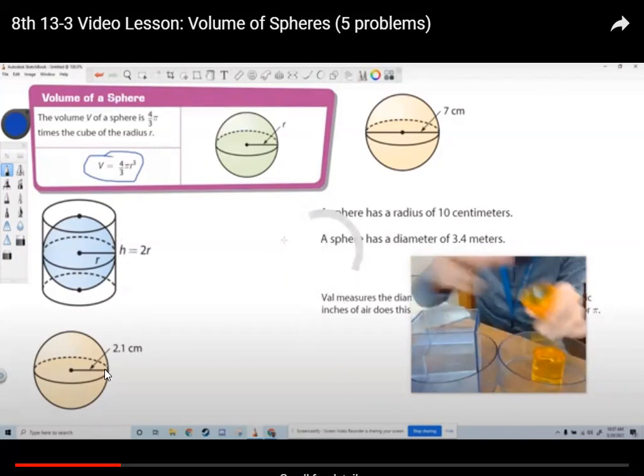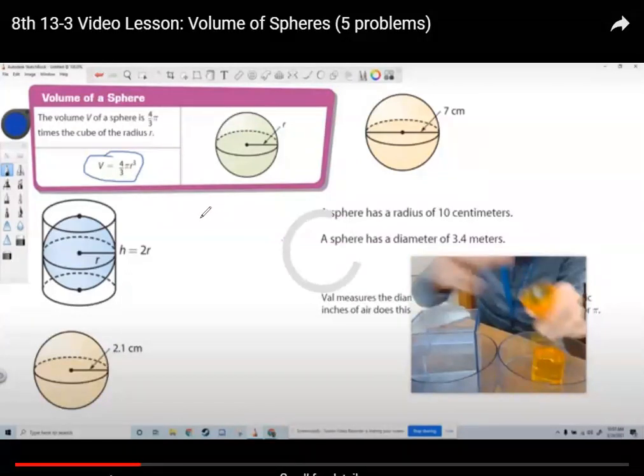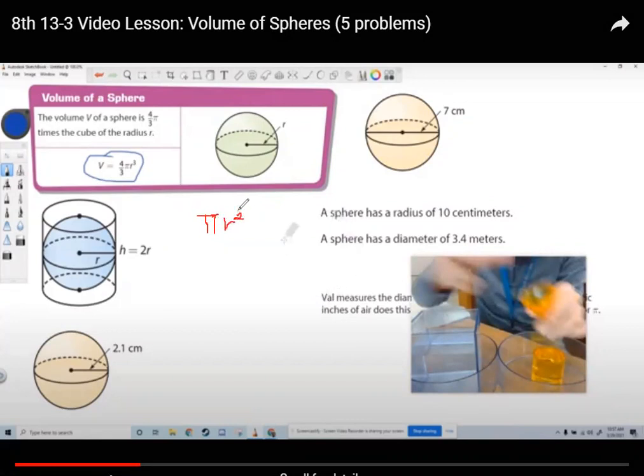So we will go back now to write in this one. If I want to write the formula for the cylinder, do you remember we said the volume of the cylinder was πr squared times height, right?